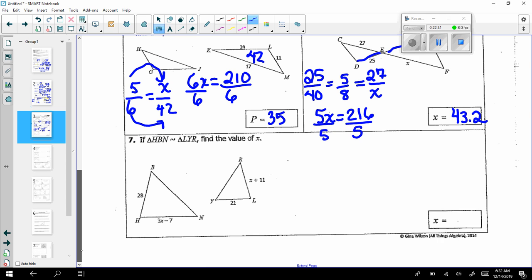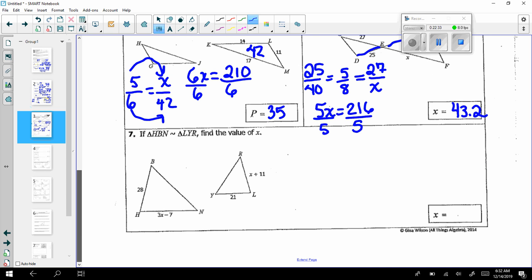All right, so once again, we're going to find the value of x here. From my similarity statement, I see that BH corresponds with YL, right? So let's do this.